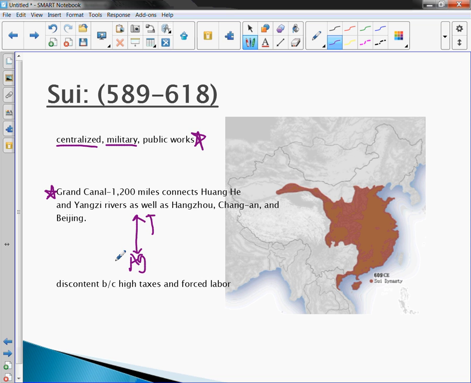Another similarity to the Qin is that the Sui dynasty also does not last very long at all. You can see it lasts barely, right around 30 years. This was because in order to fund all of these public works projects like the Grand Canal, which was hugely influential, there were very high taxes. And as we know throughout history, high taxes don't make people very happy.